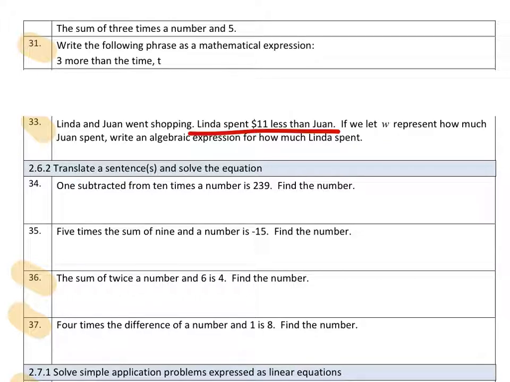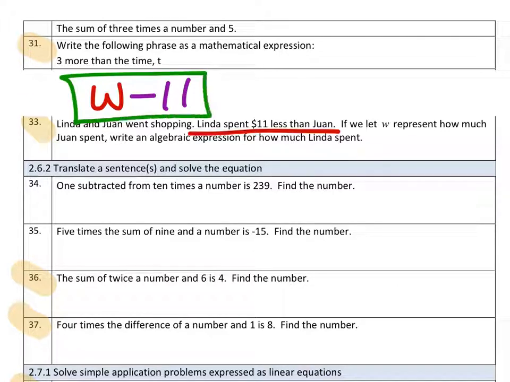So it's going to be a little bit out of order here. Yeah, W represents Juan. So if Juan spent this much, Linda spent $11 less than that, so we'll have to take $11 off of how much Juan spent. And that would be how much Linda spent. That's all we need to see right there.